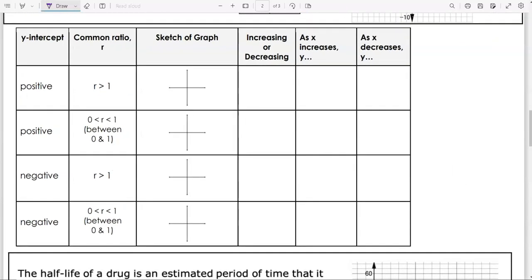This is a summary table. This is a summary table to show you if you have certain y-intercepts and certain common ratios, what is that going to do to our graph? Okay, so our first scenario, if we have a positive y-intercept, remember this is our A value, right? If we have a positive A, so we're starting up here somewhere.